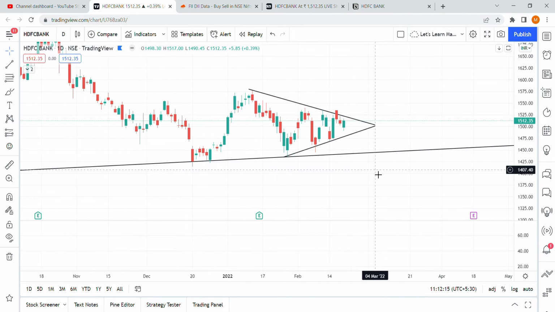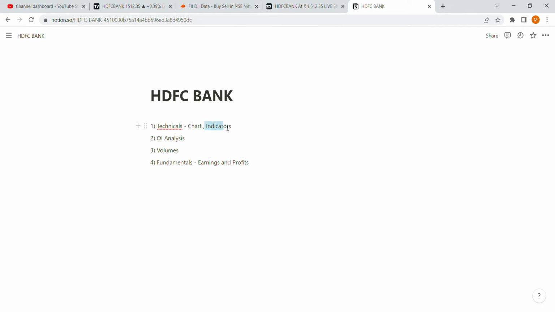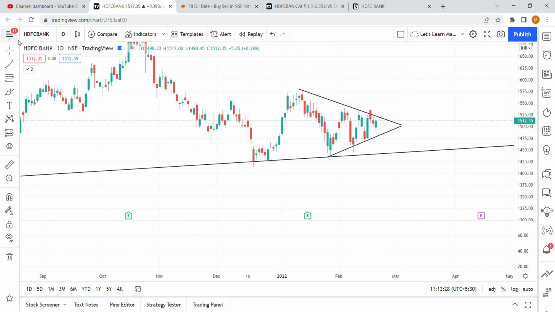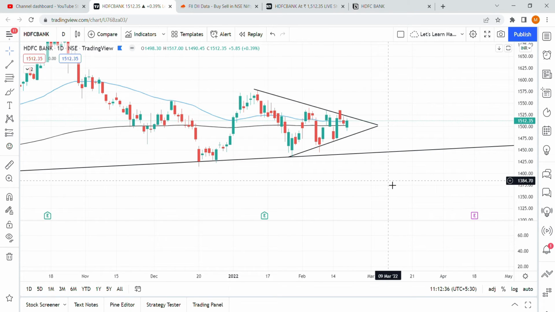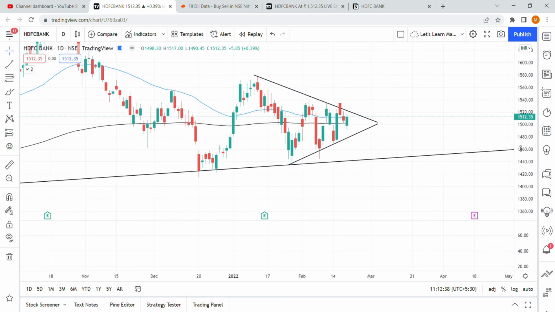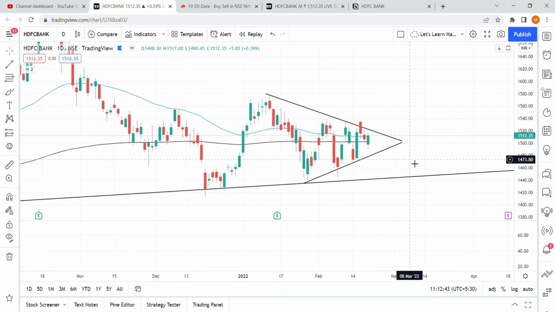Now since we have the analysis done, let's go to the indicators part, right? So what I'm going to use, as usual in every video, is the 50-day and 200-day moving average. If we observe here, it is exactly at the moving average price range.